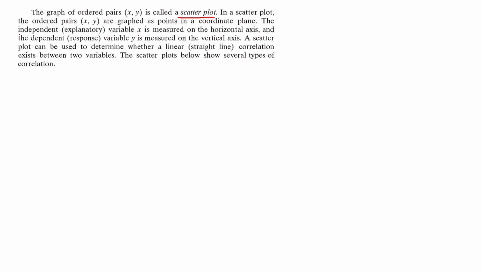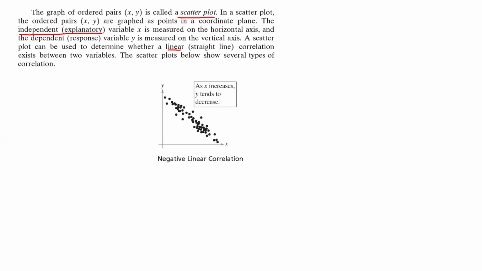The independent or explanatory variable x is measured on the horizontal axis, and the dependent or response variable y is measured on the vertical axis. A scatter plot can be used to check to see if a linear correlation exists between two variables or not.